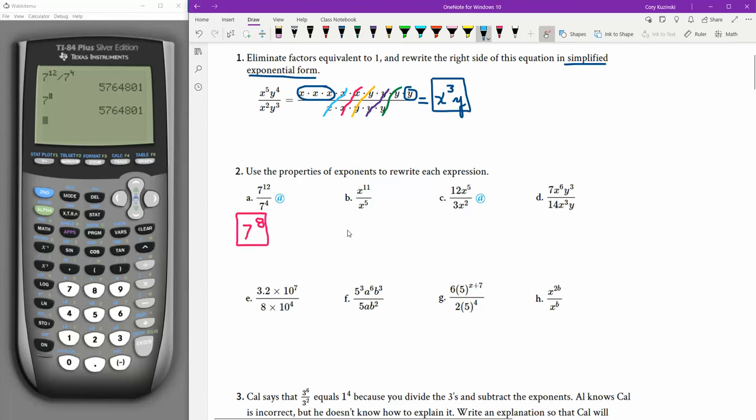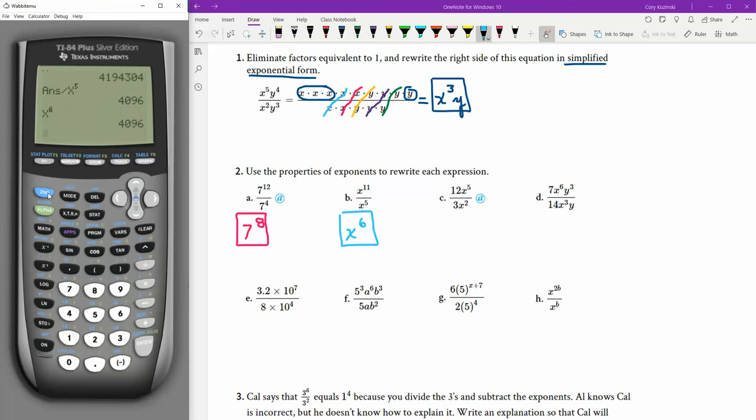All right, next up. X to the 11th divided by x to the 5th. When dividing numbers of the same base, x, we subtract the exponents. So that's x to the 6th. And remember that we can check that. We can just pick a number, assign it, or store it as x. And then we can do x to the power of 11 divided by x to the power of 5, and that would be the same as x to the power of 6.